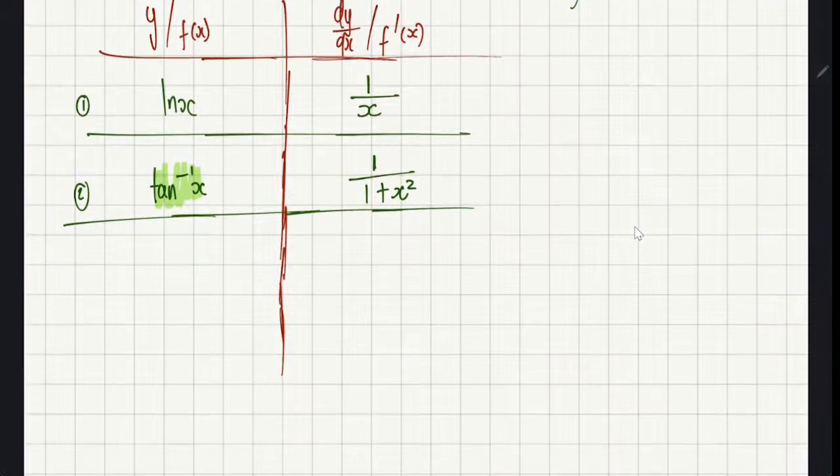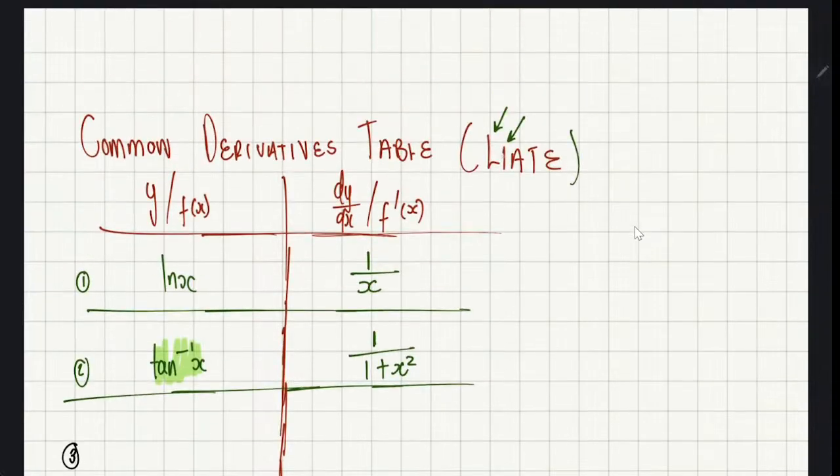Then you go to the third one. We have done inverse trig, whatever. We can skip algebraic or the polynomials. These are just x's with powers. That is where you just drop the power, reduce it by 1. So that's easy. We go to the next one, which is T, the six trig.